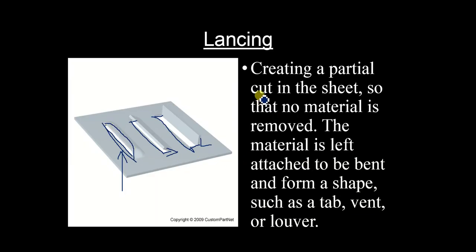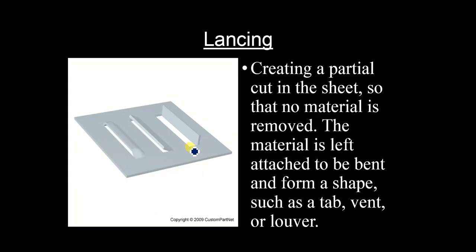Clear? So I've written over here: creating a material cut in the sheet so that no material is removed. I mentioned there is no scrap in the lancing operation. The material is left attached to be bent and form a shape, such as a tab, vent and a louver. So this is the tab. I'll just clear it.